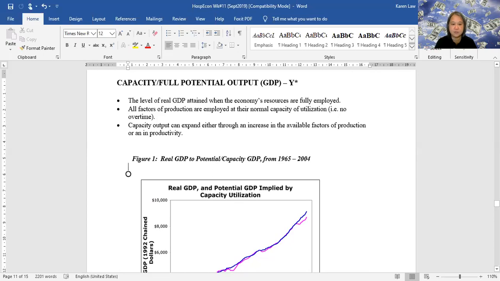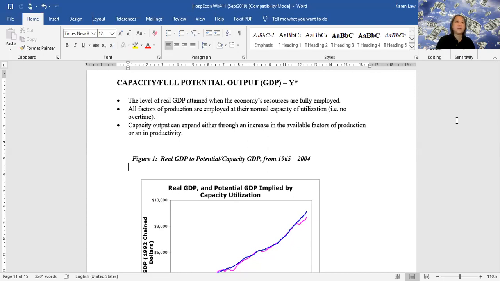When we're talking about all our resources, our factors of production, our land, labor, capital being fully employed, that means they are employed at what we call their normal capacity of utilization.